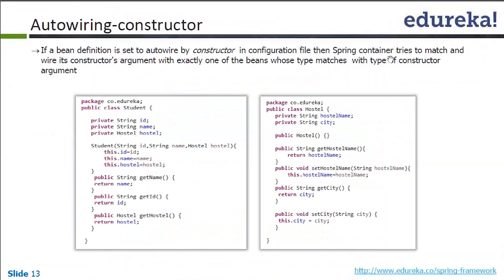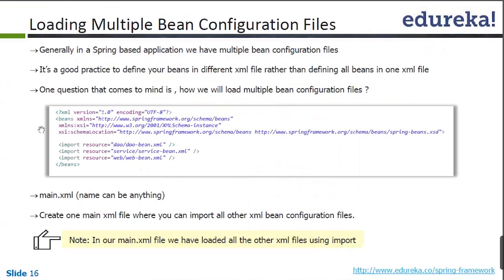By name bothers about the property name. By type bothers about setter injection plus property type. Constructor bothers about constructor injection plus by type. That's it. Yeah. So again, this is homework for all of you.